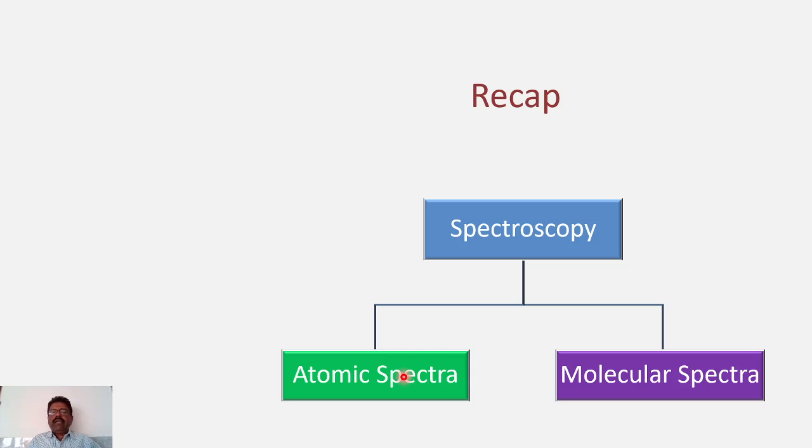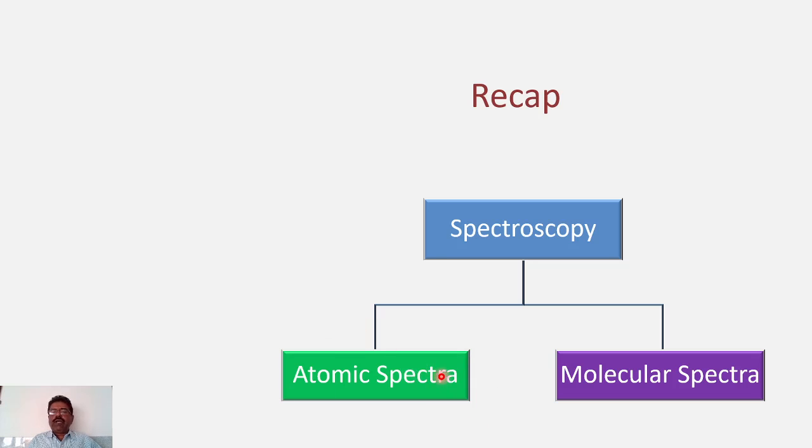And then in the fourth chapter, we have studied an important effect in case of atomic spectra, that is Zeeman effect and Stark effect. And recently in the fifth chapter, we have studied the X-ray spectra or details about the X-ray spectroscopy. So all these things are related with the atomic spectra.